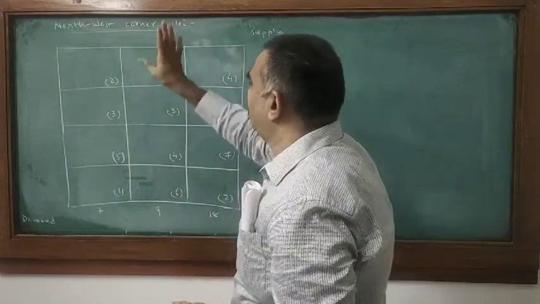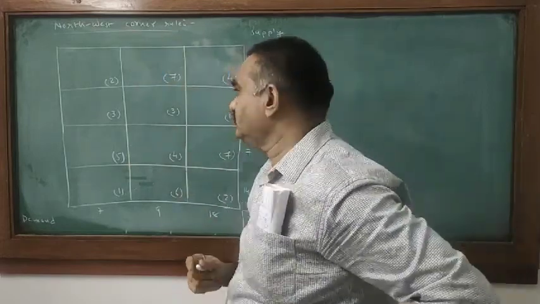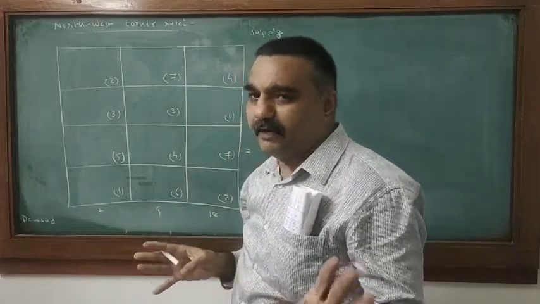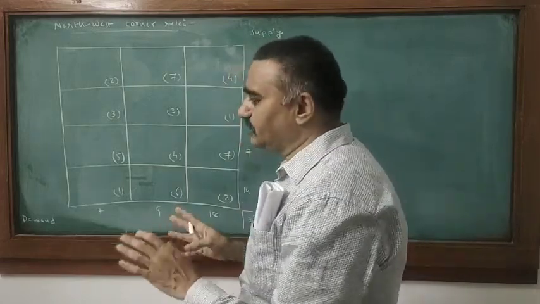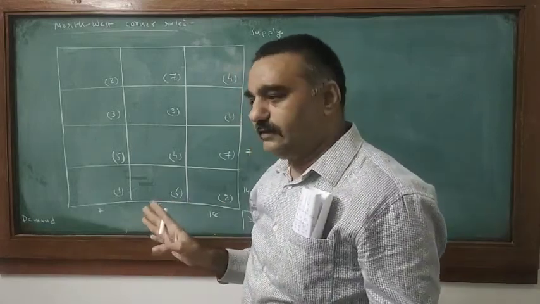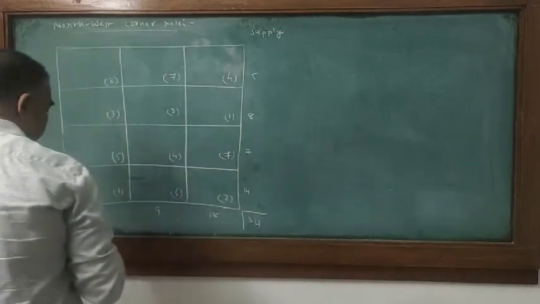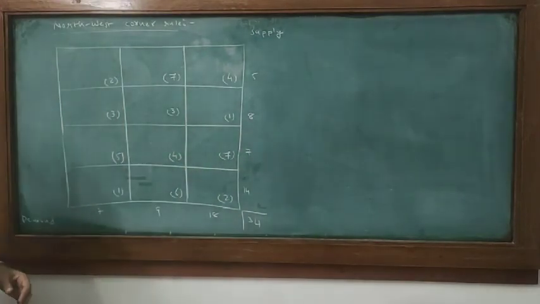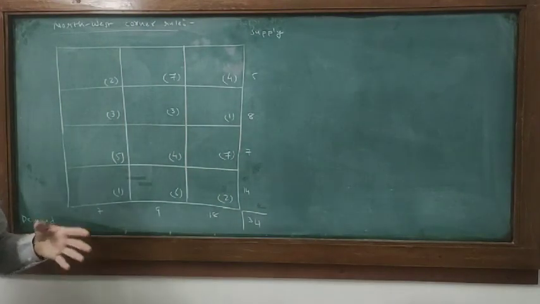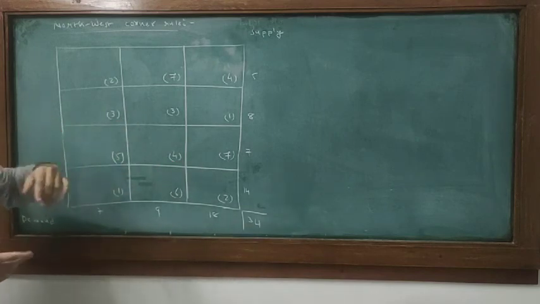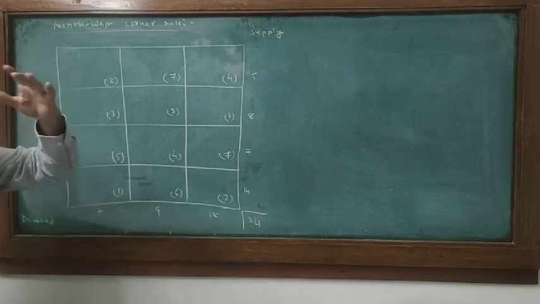So we start with the northwest corner rule. As I said, this is a method without mind. There is no strategy, nothing. Just do it and you will find your solution. But I do lots of sums for the same so many times because I want to give you lots of practice.